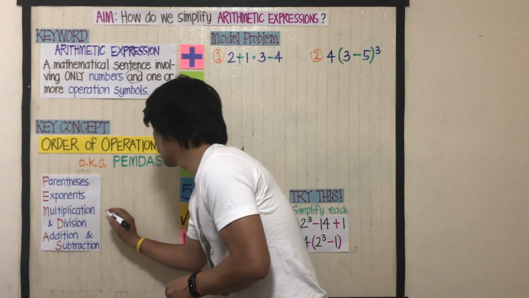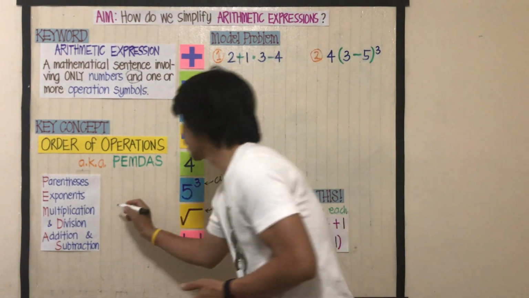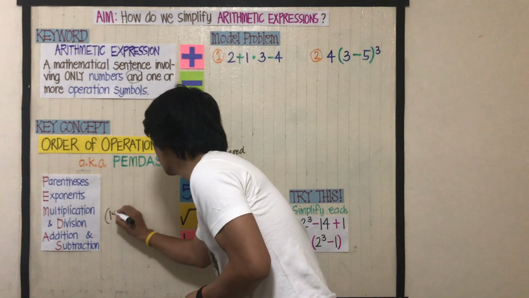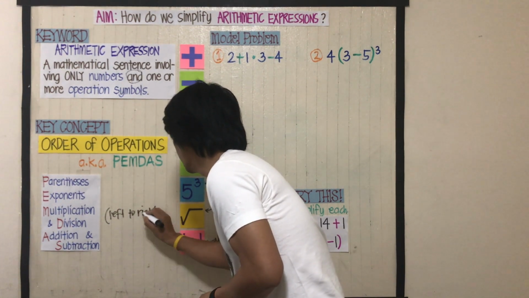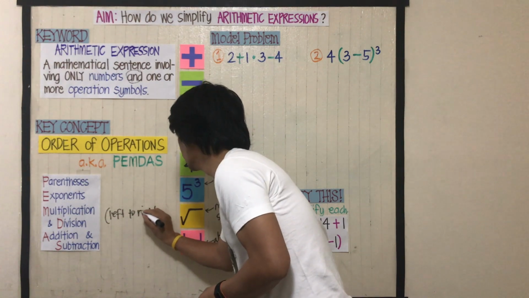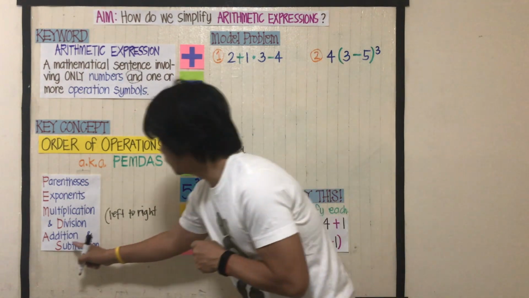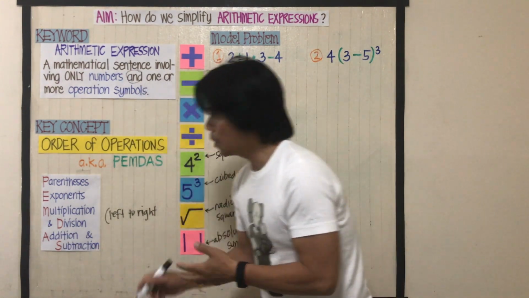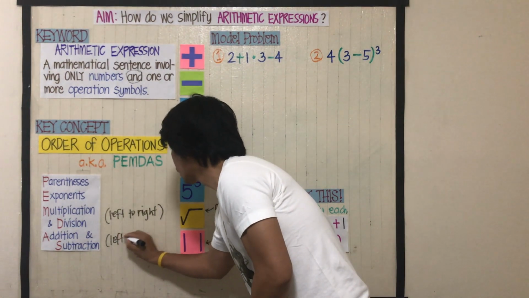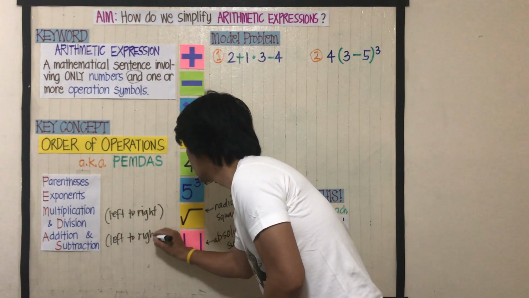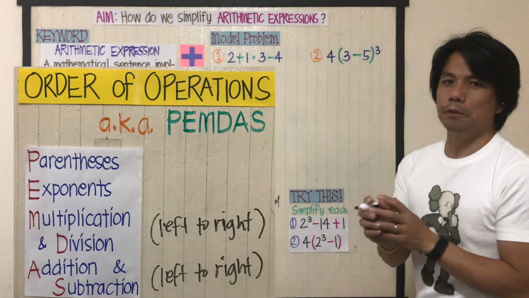When you see multiplication and division in one statement, you follow whichever comes first from left to right. Now, addition and subtraction, again from left to right. So that's the order of operations.